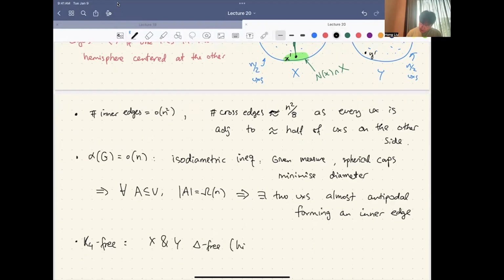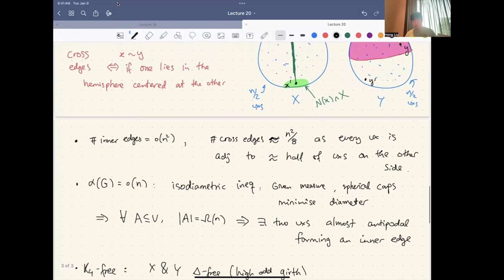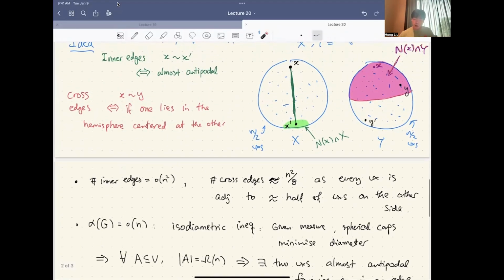Actually, they have high odd girth. High odd girth means no short odd cycles.